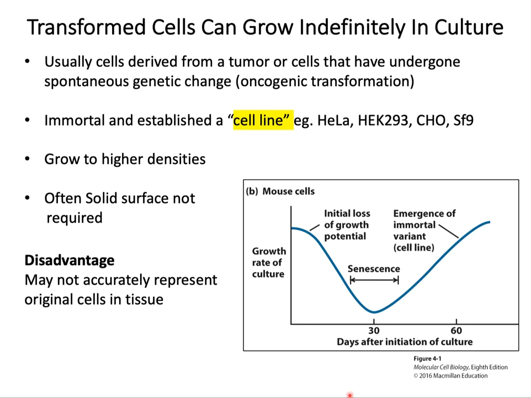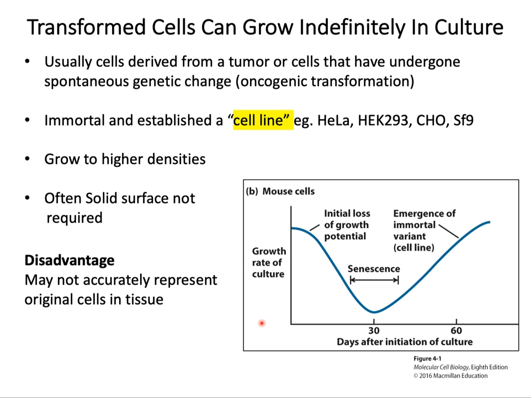As we have seen, the primary cells do not have an infinite lifespan. One way to circumvent this problem of finite doubling is to use transformed cells, the concept we introduced in the last slide. The transformed cells are usually derived from a tumor or from cells that have undergone spontaneous genetic mutations.